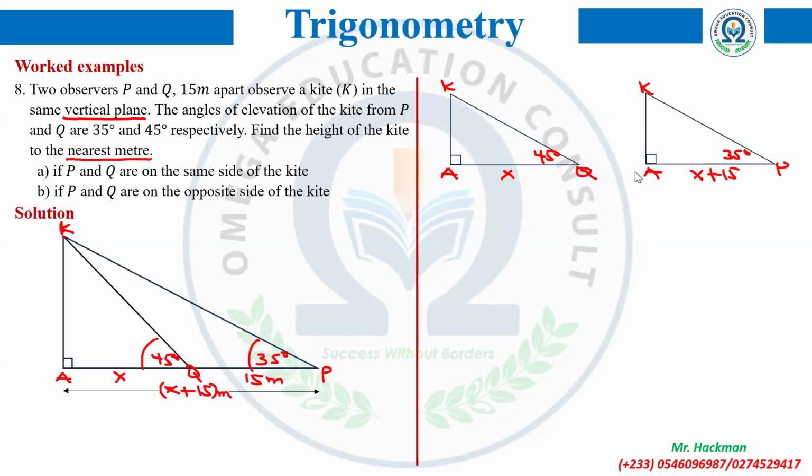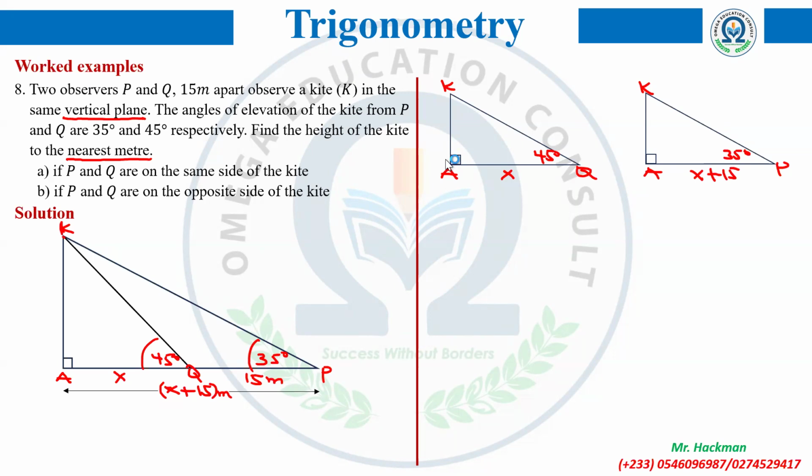If you consider these two separate right angle triangles, you can see that you don't have a common angle, you only have a common side, which is the side AK or KA. And that is what the question is asking us to find.